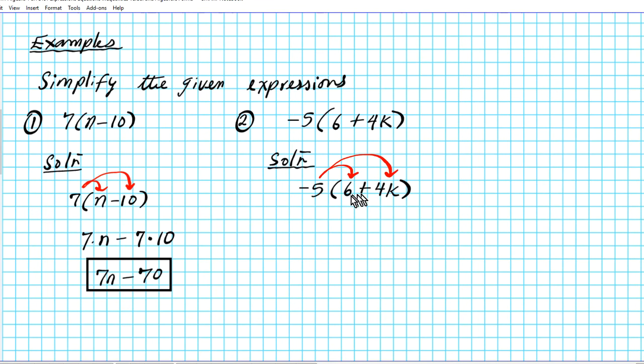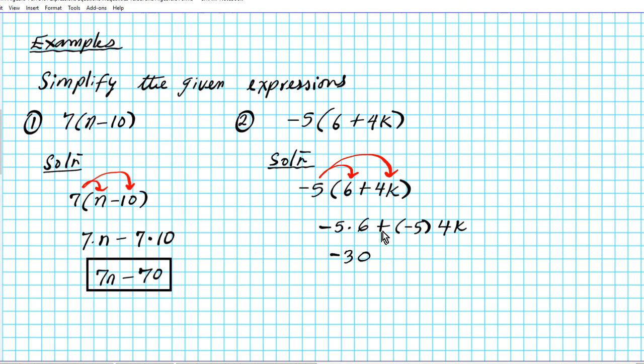So remember, anytime you're multiplying numbers, when the signs are different, you always end up with a negative sign. So negative 5 times 6 is going to be, well, let me show you the steps first before I multiply. So we have negative 5 times 6 plus negative 5 times 4k. Okay? So 5 times 6 is going to be 30, so that'll be negative 30.